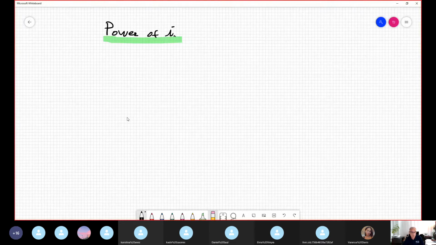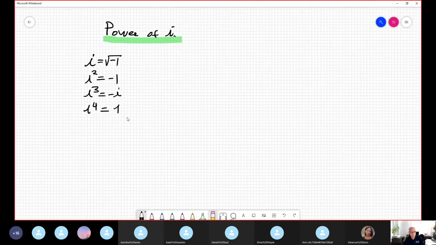I is equal to square root of negative 1 by definition. This is a creation of the mathematicians. I squared is negative 1. I cubed is negative I. I to the 4th is positive 1. Real, imaginary. So you continue to the 5th, to the 6th.